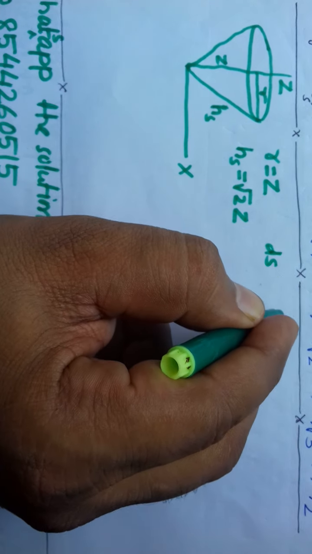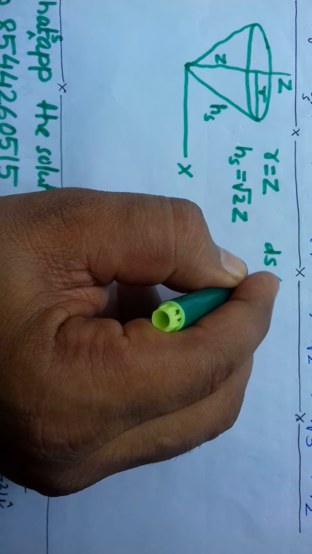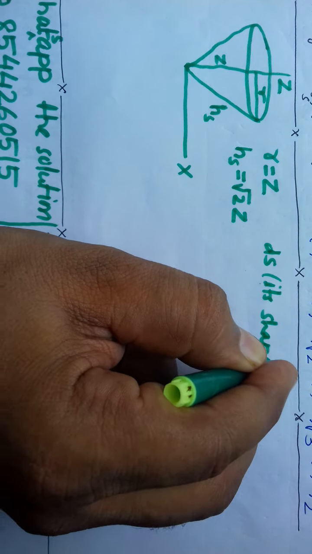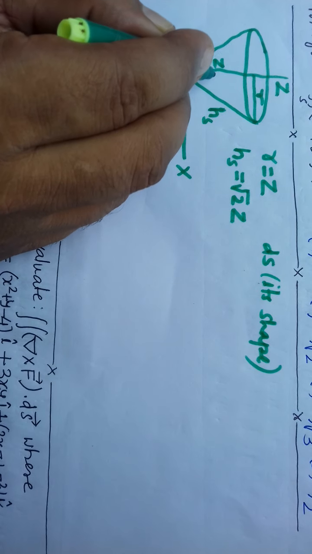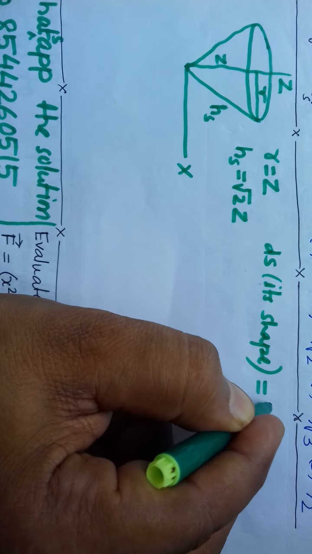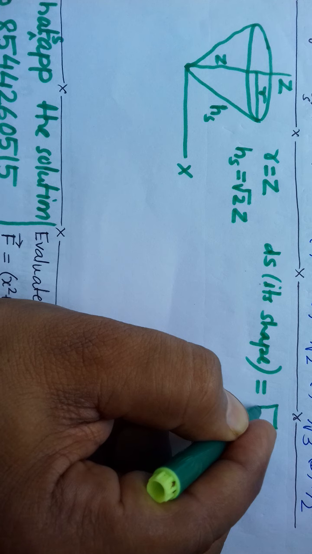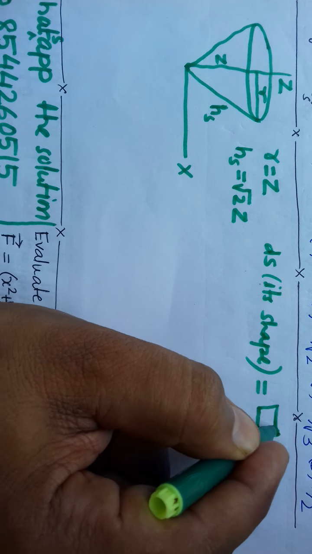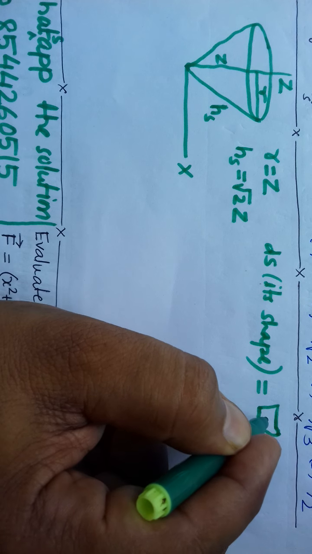Its shape, if you take a small elementary area, then its shape will be like this. All are curved lines.